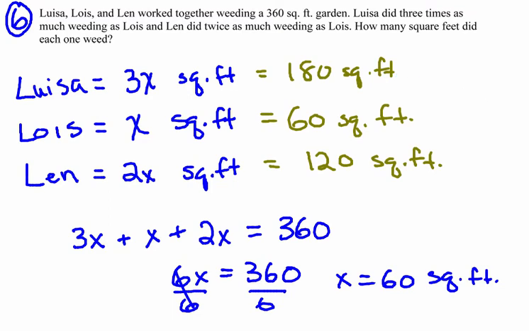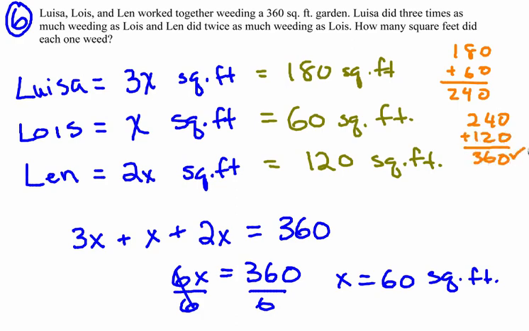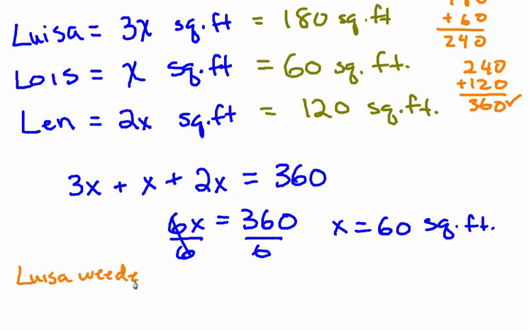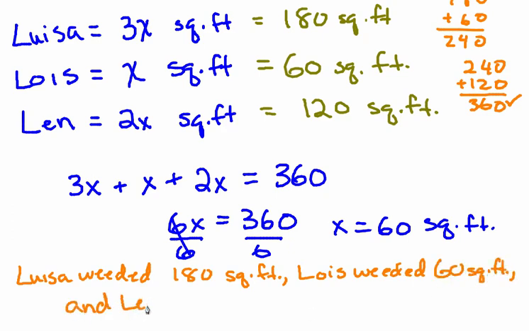Now let's double check that to make sure it adds up to 360. 180 plus 60 is 240, and then 240 plus another 120 for the portion that Len did does add up to 360. Good. So Louisa weeded 180 square feet, Lois weeded 60 square feet, and Len weeded 120 square feet.